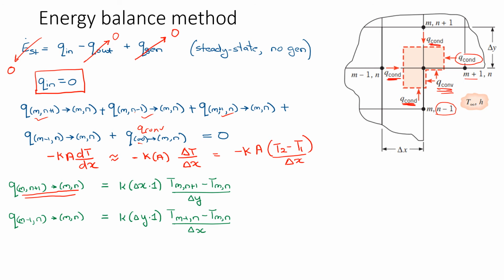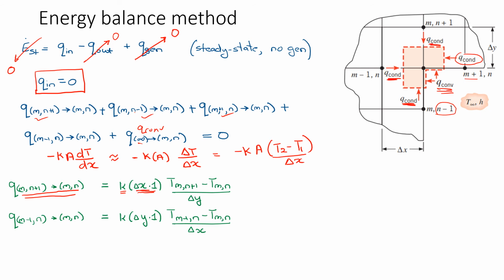Our Fourier's law will be k times area, and I'll tell you where the negative sign went in just a bit. So we have k times area.